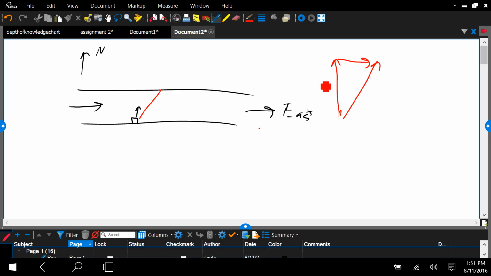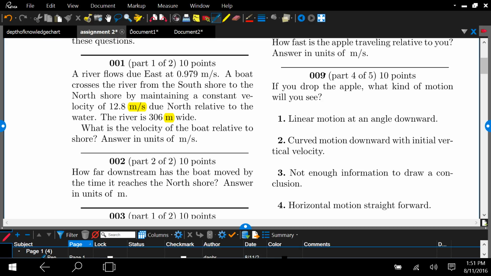Now the boat's motors are trying to push it at 12.8 meters per second relative to the water, and the water was pushing it at 0.979 meters per second. Okay, and this phrase relative to the water is kind of important.